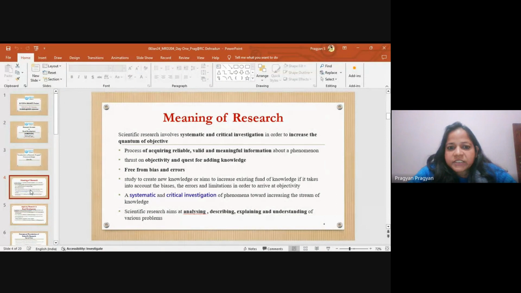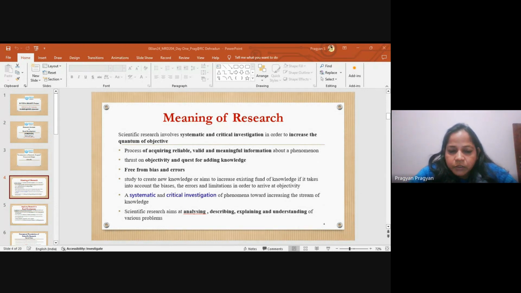It means scientific research involves a process which is, number one, systematic, and number two, in this systematic process, we follow steps of critical examination and investigation by formulating specific objectives. Without any objective, we can't gain anything important from that particular research.